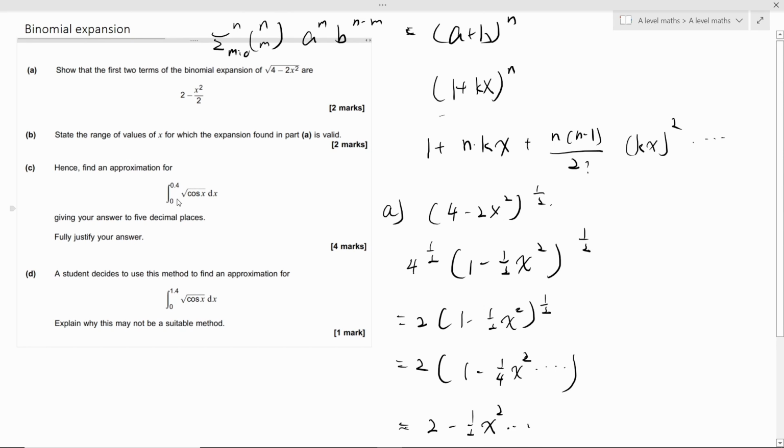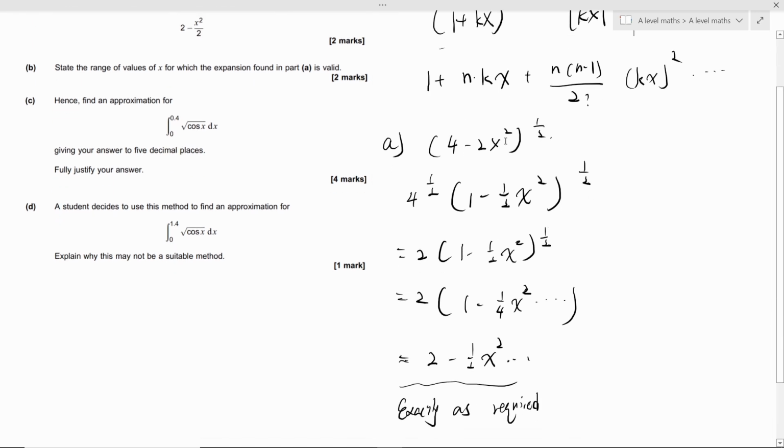Now, part B. State the range of values of x in which the expansion found in part A is valid. Very, very important part, okay? So in the generic case where it's 1 plus kx to the power of n, you must have that the absolute value of kx is less than 1. And in this case, what we're really expanding here is 1 minus a half x squared to the power of a half, right?